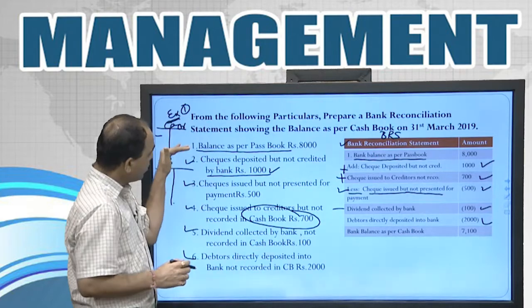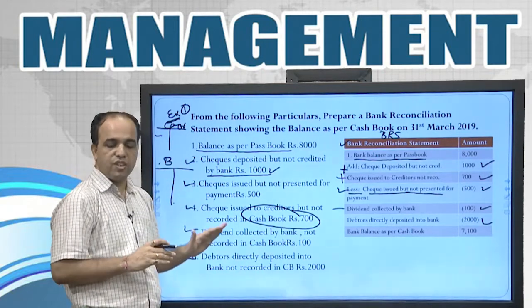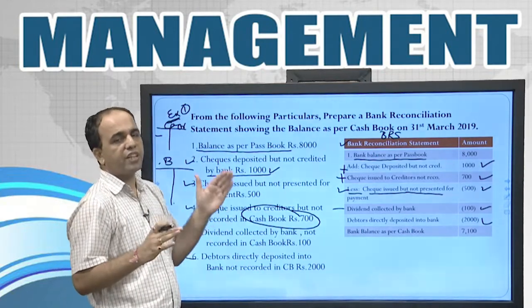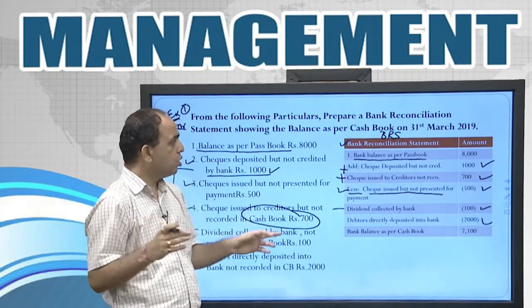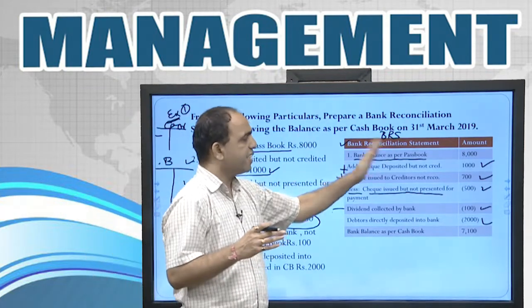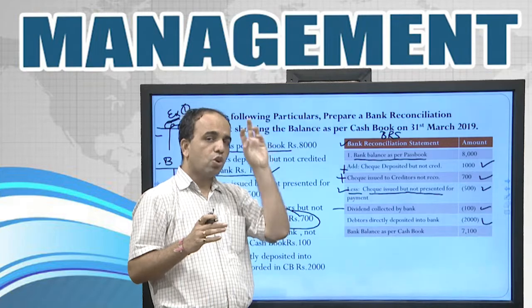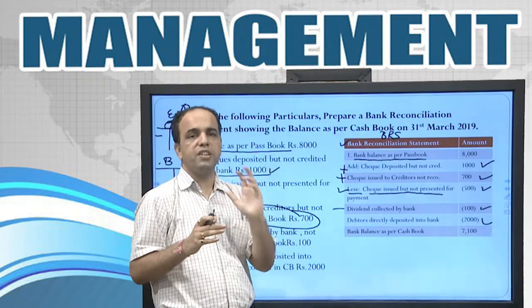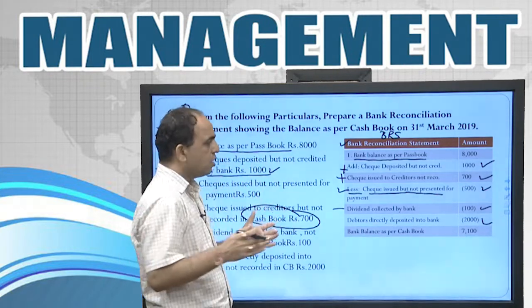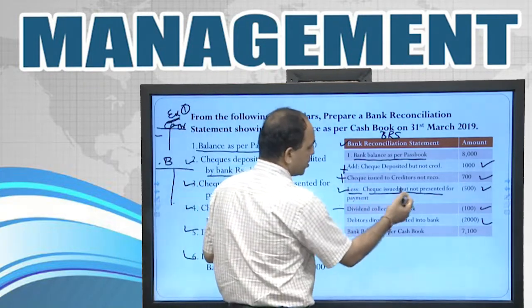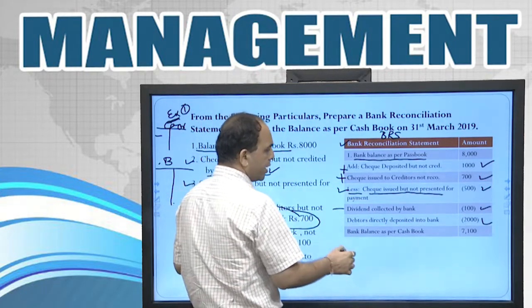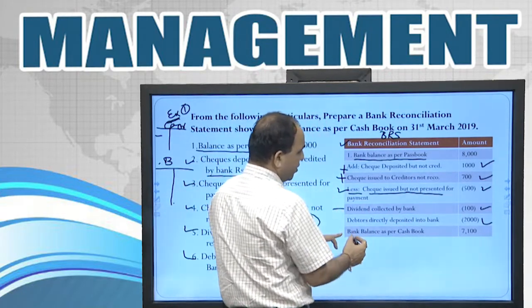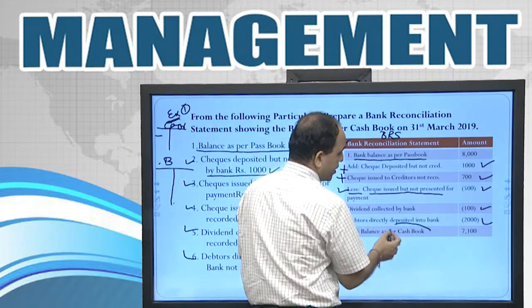So, friend, we have scanned all these transactions which create a difference between cash book and bank passbook. We are given the bank balance as per passbook, and we thought, as a bank, what would be the effect and the reasons. If it increases the bank balance, we have given the effect. If it reduces the bank balance, ultimately we will get the bank balance as per cash book.